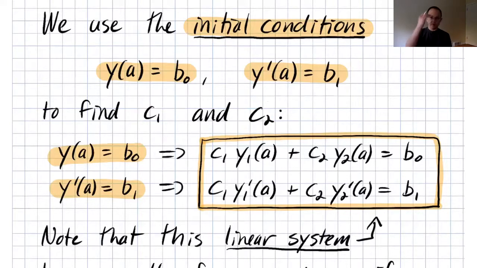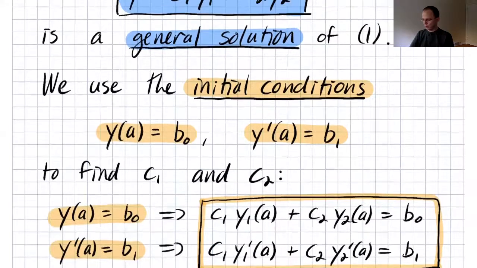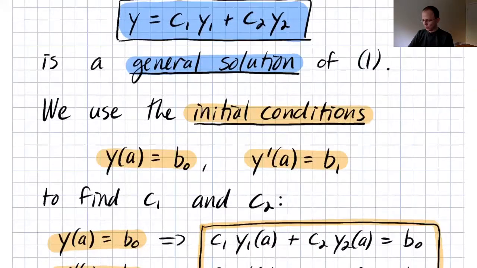We did this in the first example, if you recall. So what did we do in that example? Well, we took y of a equals b0, and we substituted a into this general solution up here. So y of a gives us c1 times y1 of a plus c2 times y2 of a, and that has to be equal to b0. So we get this equation here.